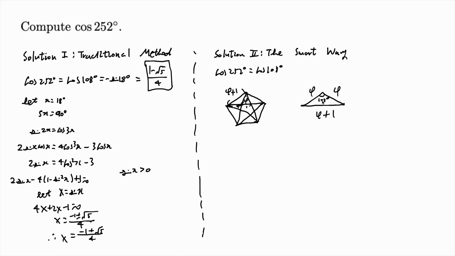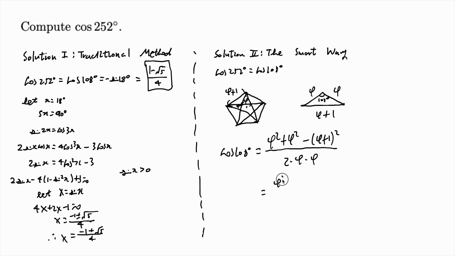Now, it may sound really familiar from here, but we simply know that cosine of 108 is equal to phi squared plus phi squared minus phi plus 1 squared over 2 times phi, using our law of cosines.